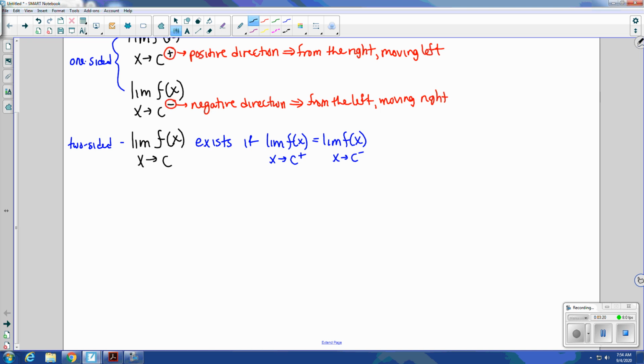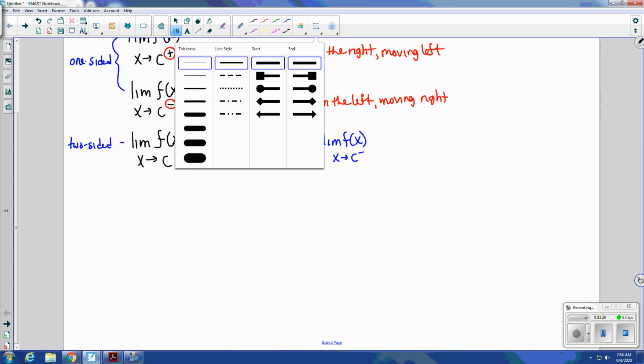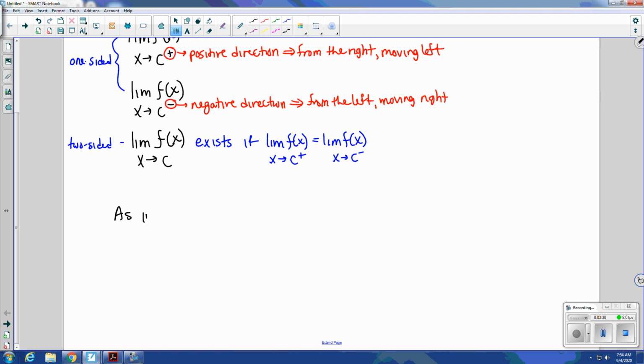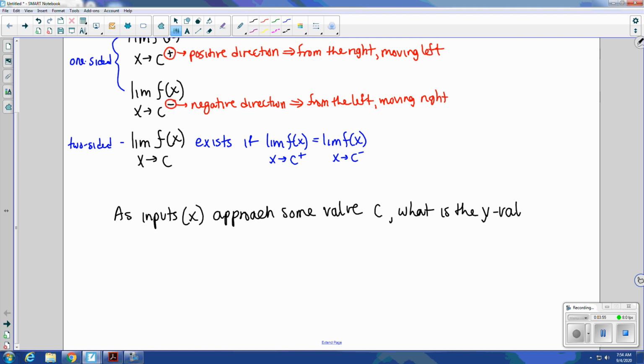Well, the question we want to ask ourselves is, as the inputs, which is usually the x variable, approach some value c, we want to ask, what is the y value of the coordinate that the function approaches?